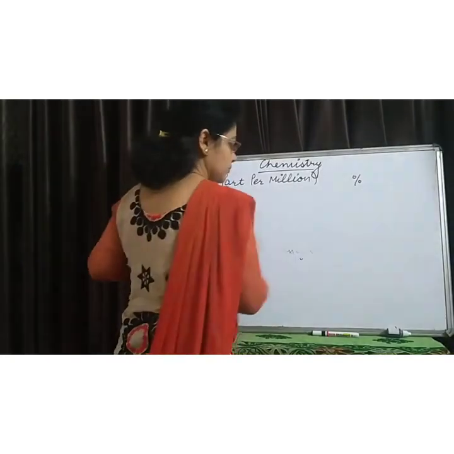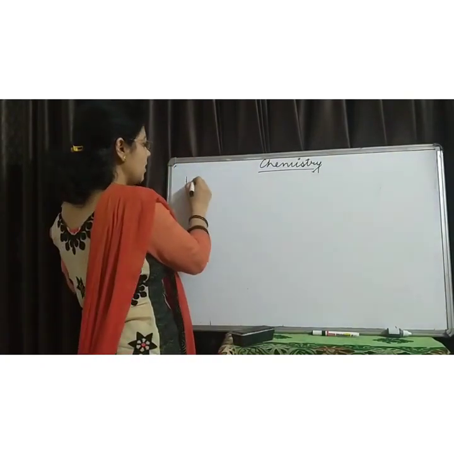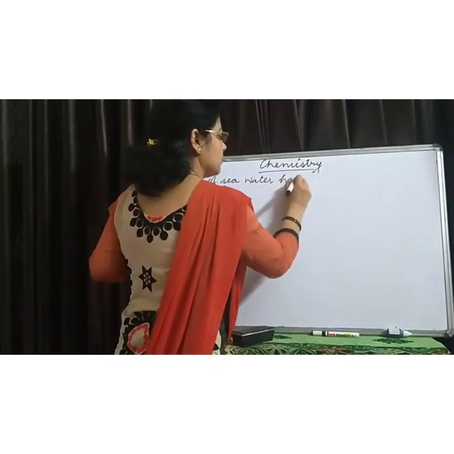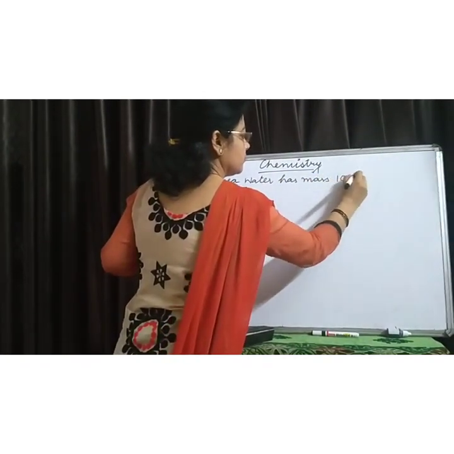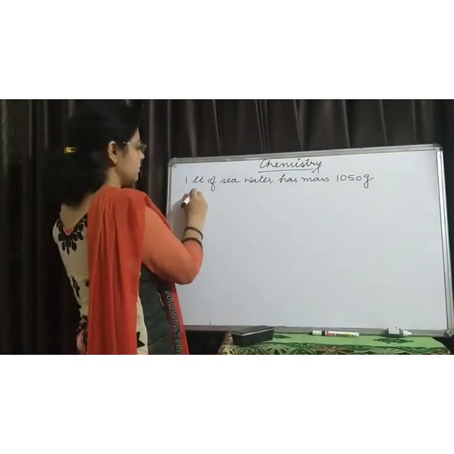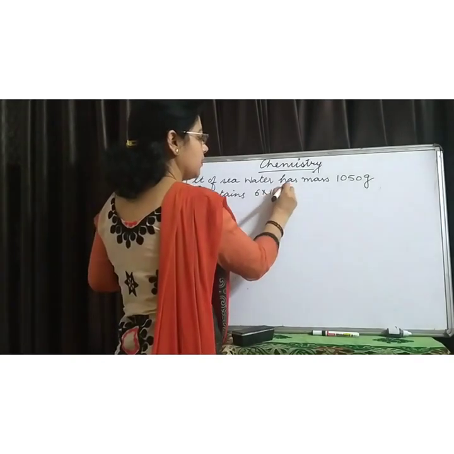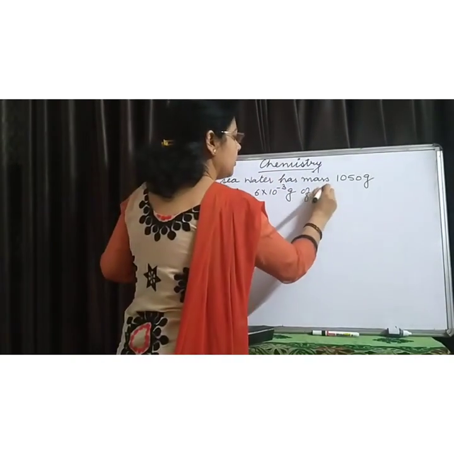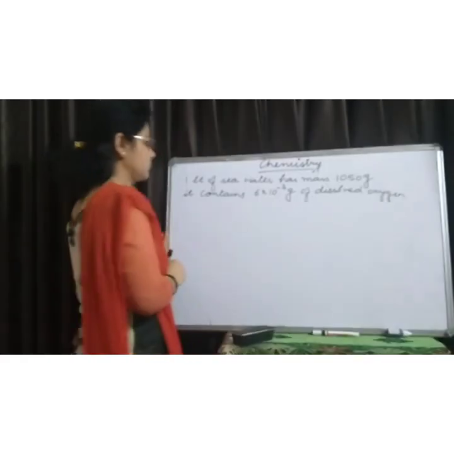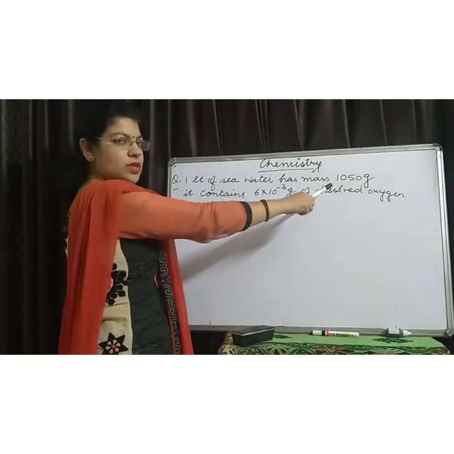The question is: 1 liter of sea water has mass 1050 grams.